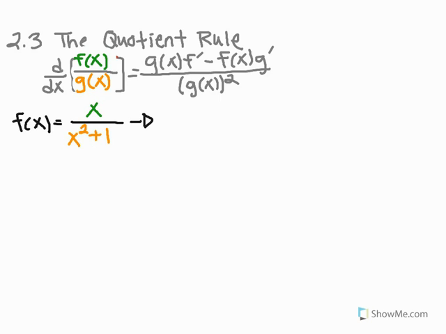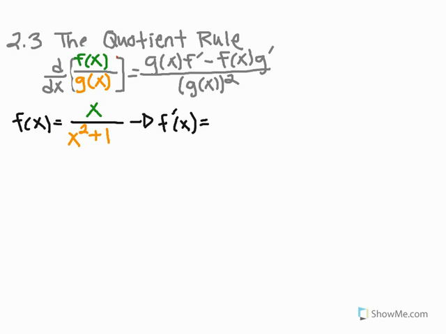Now, first of all, I'm going to need to name this so that I can work with it. I'm going to use Newton notation for this, just a little quicker, which is going to be f prime of x equals. All right, so the first part here, if we look, it says g of x times f prime.